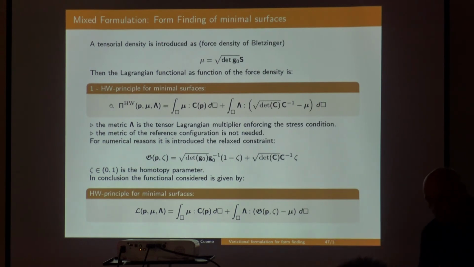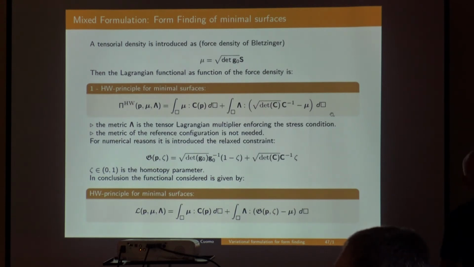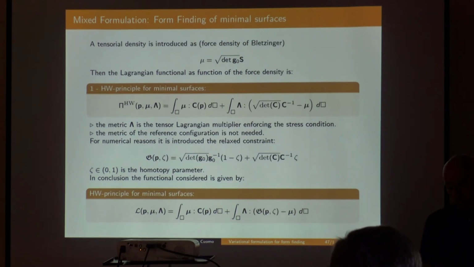We can reformulate the principle by substituting this tensorial density for the stress. It's very similar, and more convenient from a computational point of view. And so we can solve this three-field problem, interpolating the three fields of unknowns, of variables.